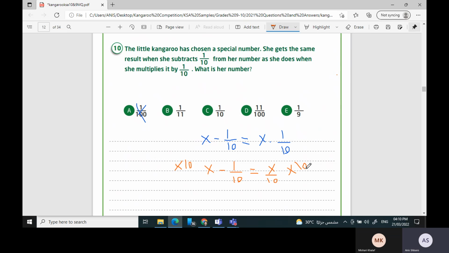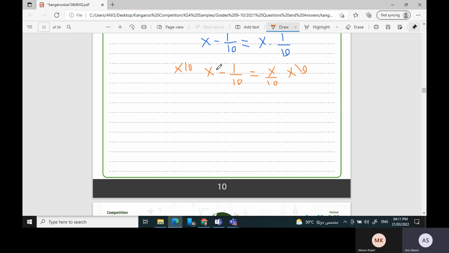And if I do that, I'm going to be left with 10x minus 1 times 10 over 10, so it's 1. Minus 1 equal to x over 10 multiplied by 10, so I'm going to simplify 10 with 10, so I'm left only with x. Now simply take off the x from both sides. Here I'm going to deal with 10x minus x, which is 9x.